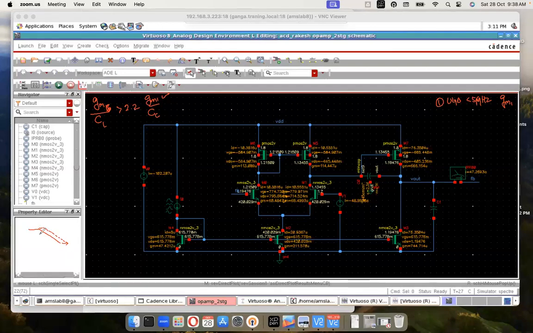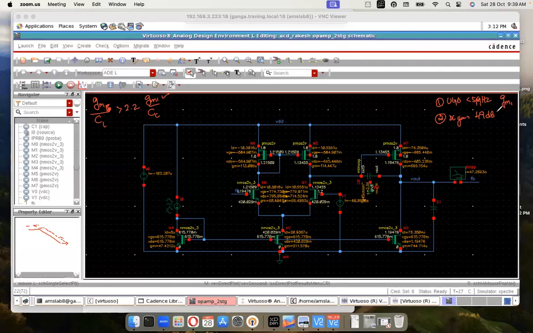Am I putting it correctly, or is it that DC gain improves and then we move to the right? Probably DC gain also improves, because GM1 is also a part of the DC gain, right? So we looked at the DC gain. What was the DC gain? Somewhere around 49 dB. Let's try to improve it to beyond 50 dB at least. Ideally, when you touch GM1, your DC gain also improves.